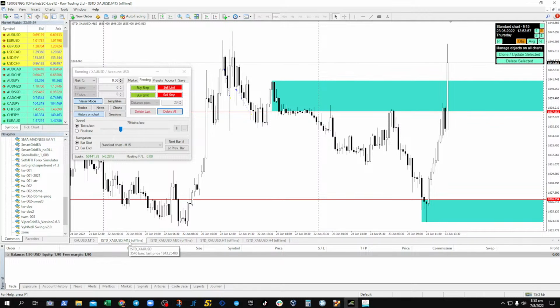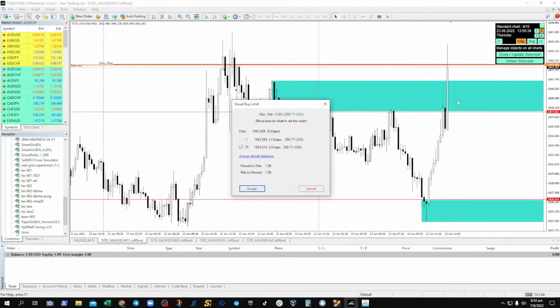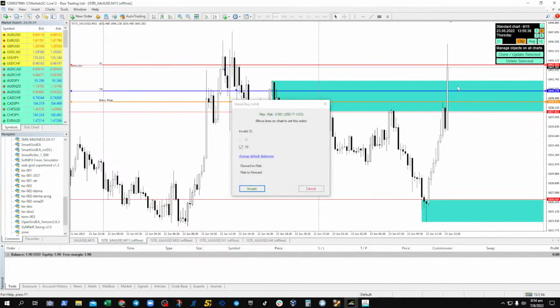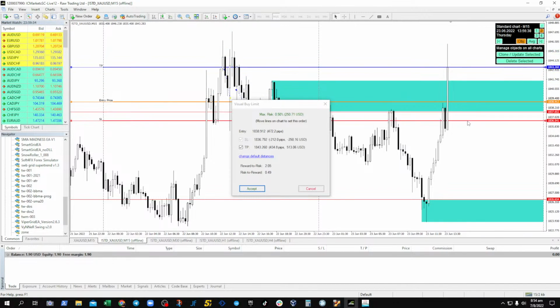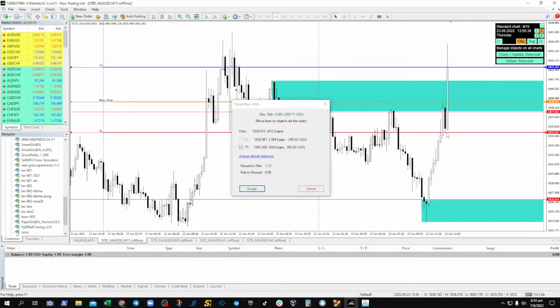It's just that it's hard to find an entry here because our bias was bearish and then price continued to go up, and we don't catch this move, unfortunately. Else this would have been a good move to catch. You can see here, put a buy stop there, TP on here, and this will still be a very decent trade, 1 to 1.3.